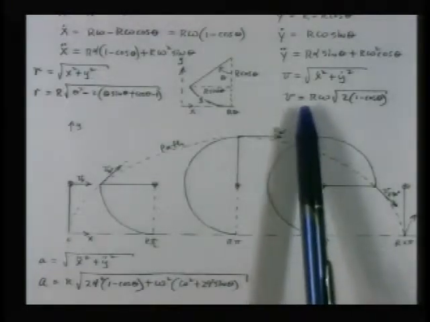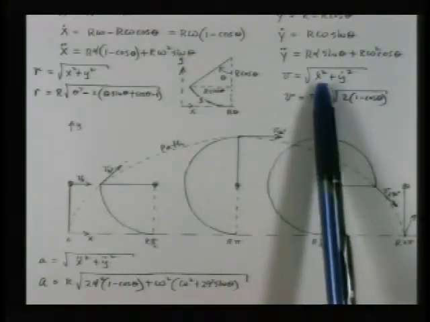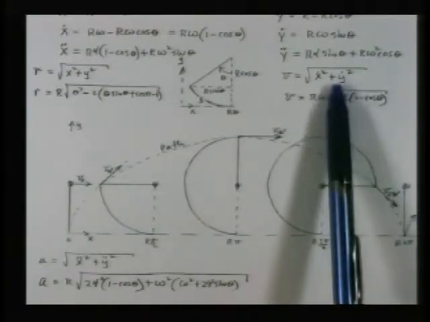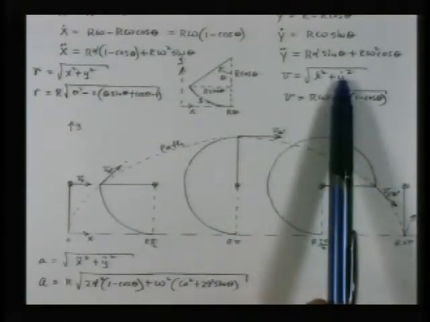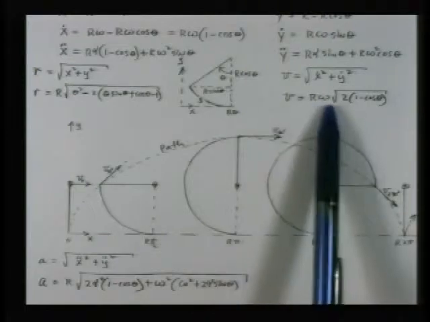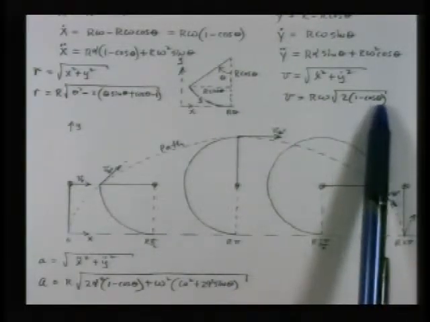Here's the speed that it has at any location. So I just took the kinematics, like you had in the last quiz, the rectangular kinematics, and worked up the speed in terms of omega and theta for any location theta.